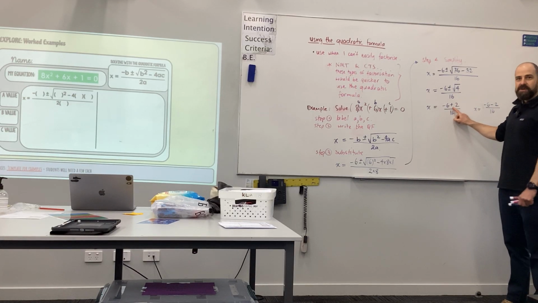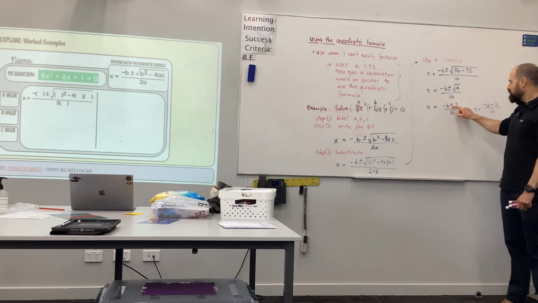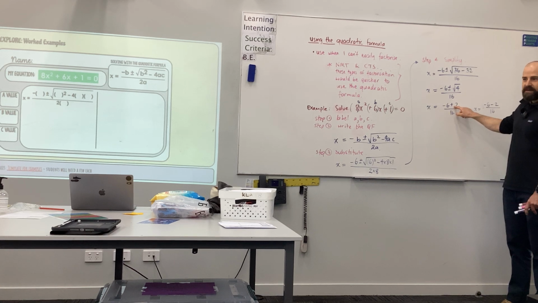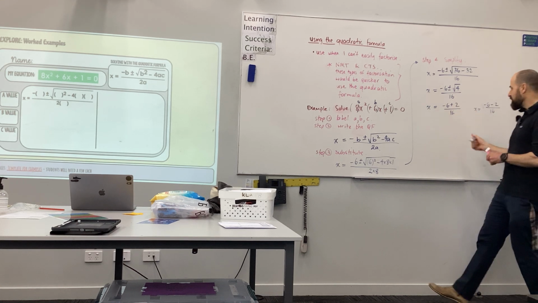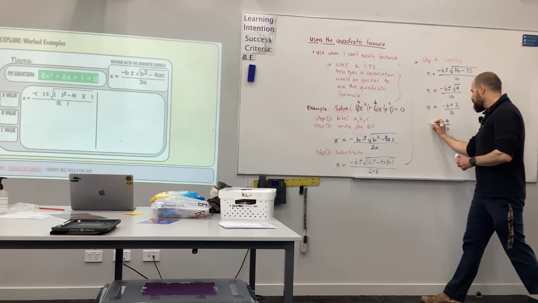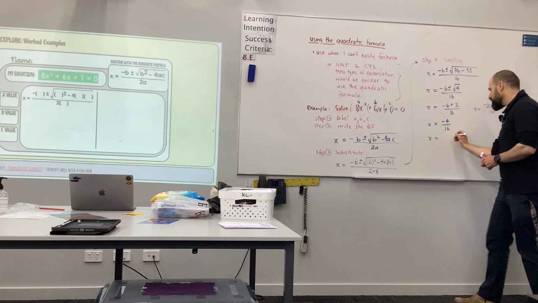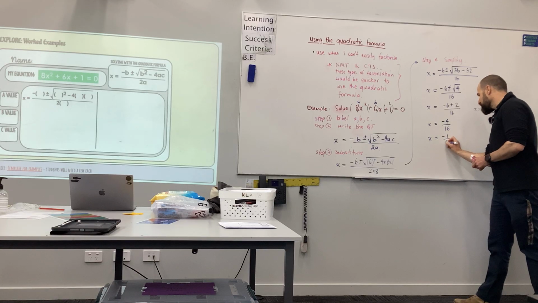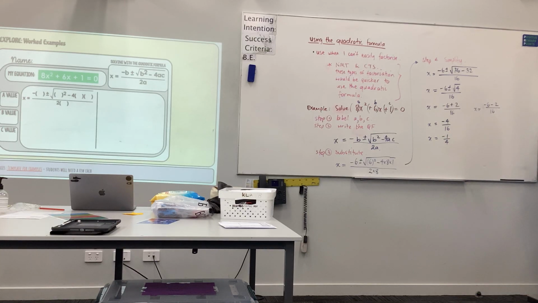Okay, so -6 plus 2 is what? -4 divided by 16. -1/4. Yep. And then this one? -6 minus 2? -8.